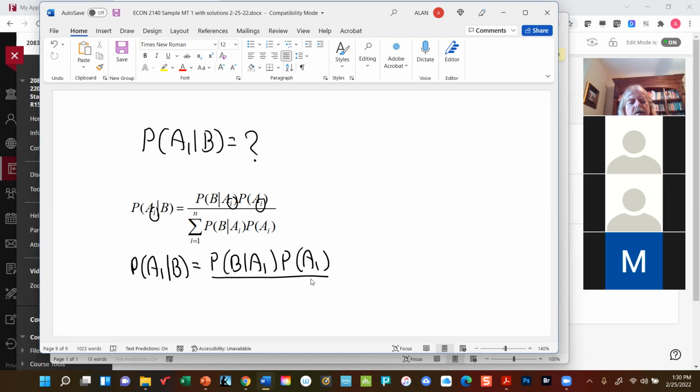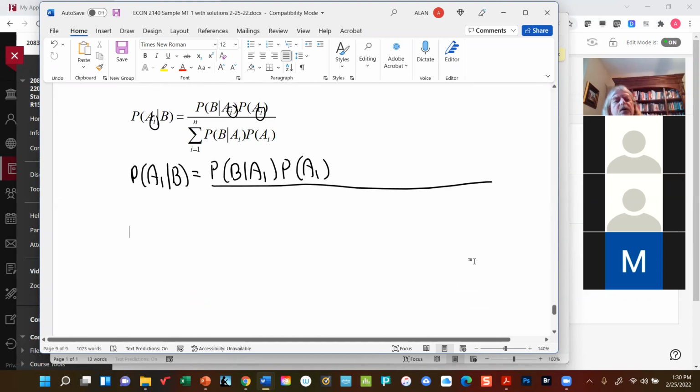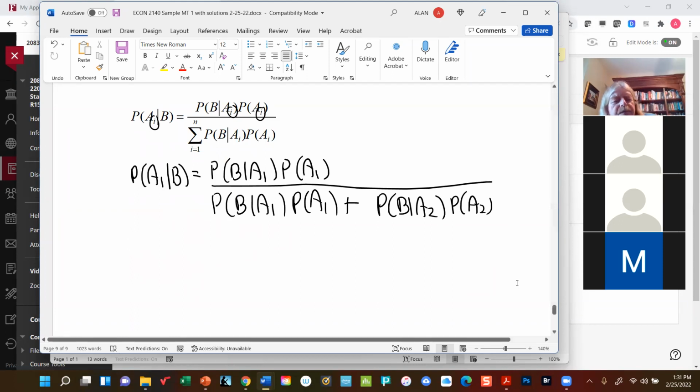In the denominator, we're going to add up all of these. In this case, there's only 2 A's in this diagram, so we only need two terms in the denominator, which will be B given A1 times A1 plus B given A2 times the probability of A2. Once you got this straight, the rest is just substitution.